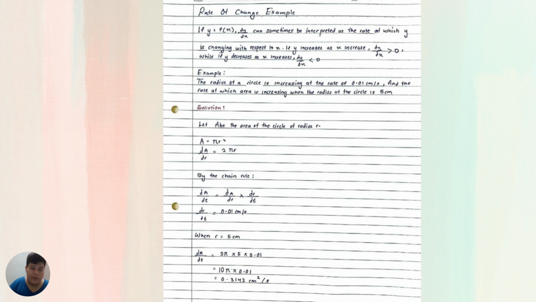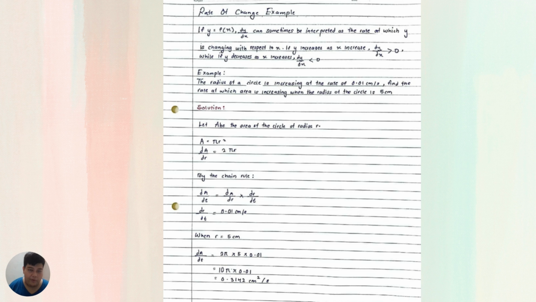Next, by using the chain rule, we need to use this formula: dA/dt equals dA/dr times dr/dt, and we have dr/dt equals 0.01 cm per second. Lastly, we need to find the rate using the radius and all of the information we got.